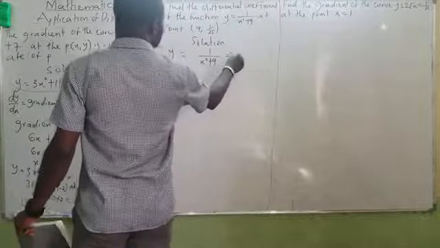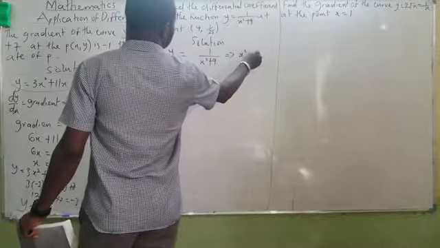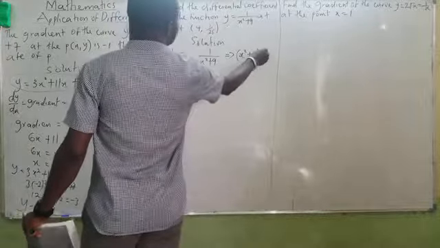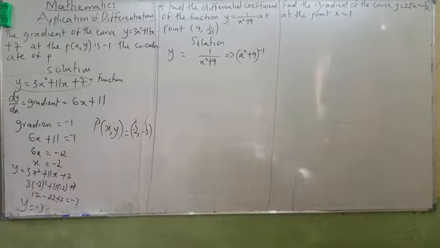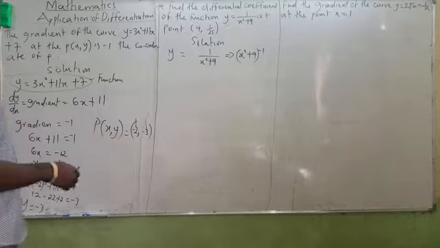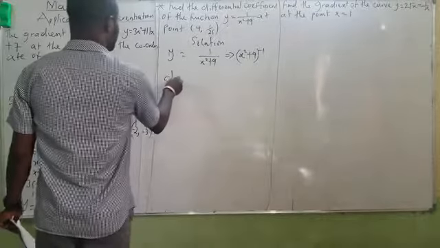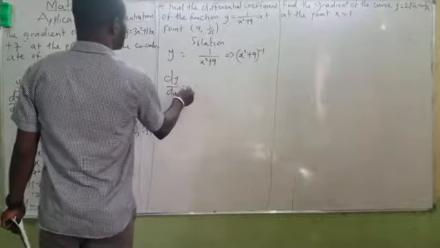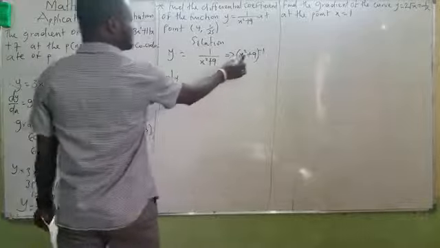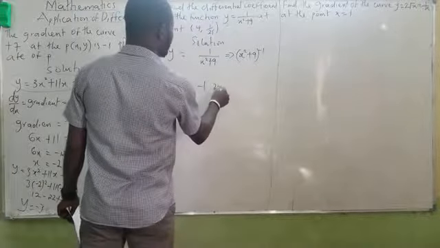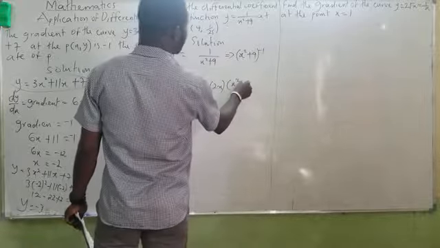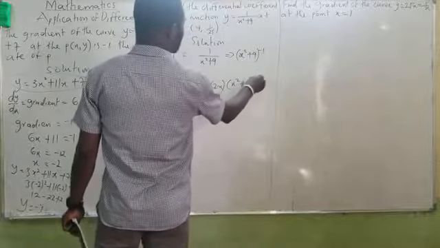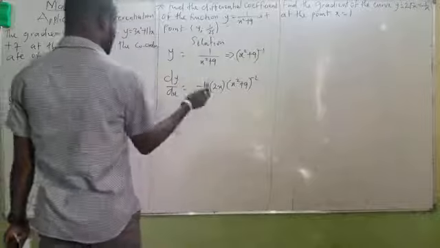Please, this can also be written as x squared plus 9 bracket of minus 1. That is my function. Now, since I have that, I can continue by having dy/dx equals, drop down the power, differentiate inside, I'll be having 2x, and return the function, and minus 1 also from the power, minus 2, which we have done earlier.